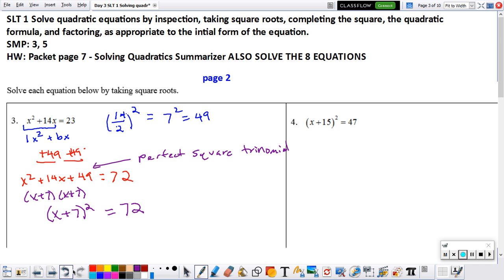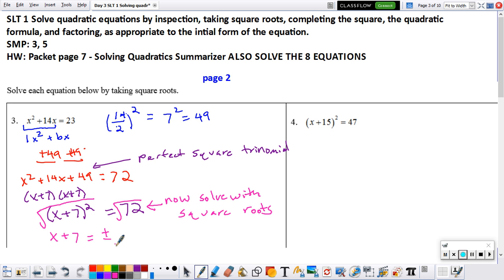Now, once I've done that, I can solve this equation using square roots. So I'm going to make a little note: solve with square roots. I'm going to take the square root of both sides, and I've got x plus 7 equals, and I need a plus or minus here because it could have been positive root 72 or it could have been negative root 72.